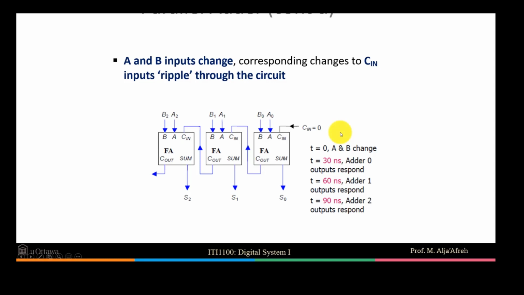I know it's not a lot, but imagine you have a million full adder blocks here. So what are you going to do? You're going to have a huge delay, and delay is very critical when it comes to digital circuits. Let me give you an example from real life. Imagine you're playing a first person shooter game, and you have a delay of 200 milliseconds. Your opponent will be able to kill you even before you're aiming at them.